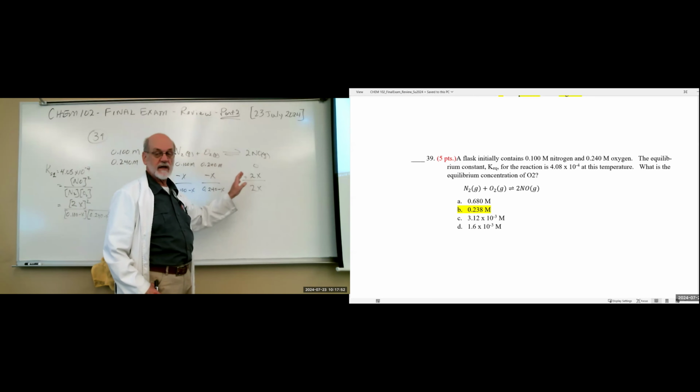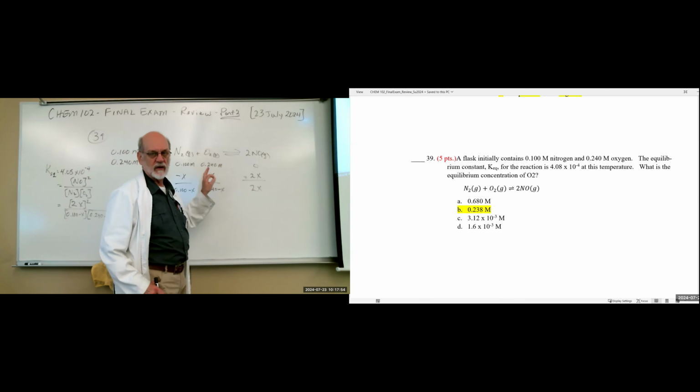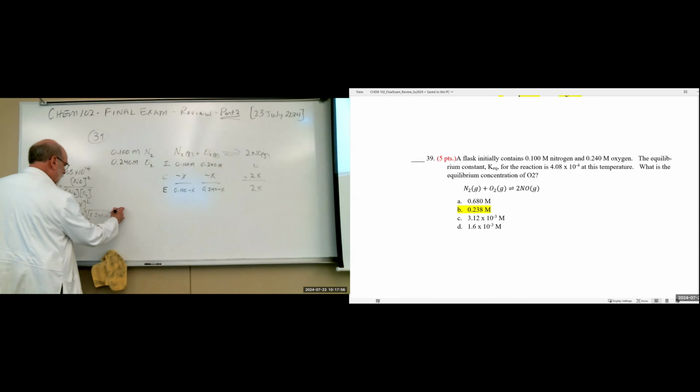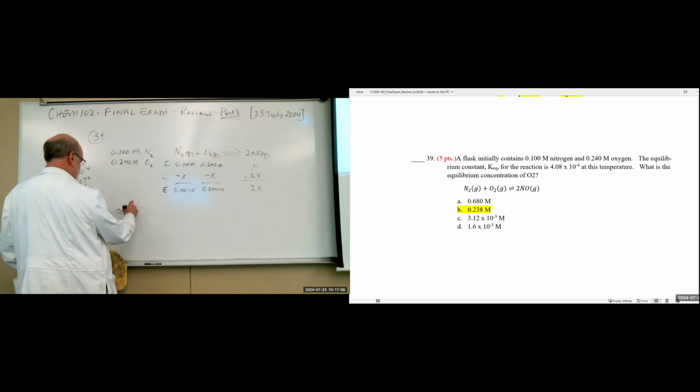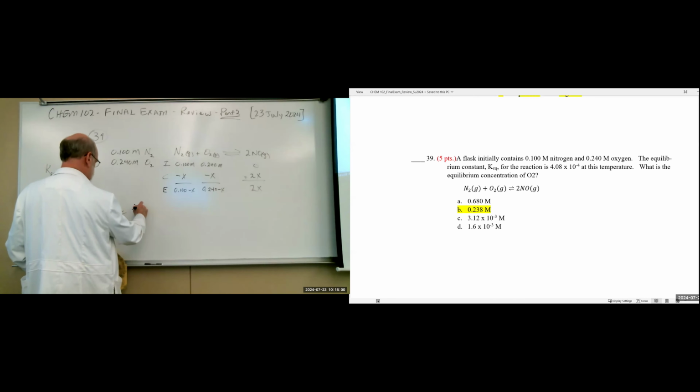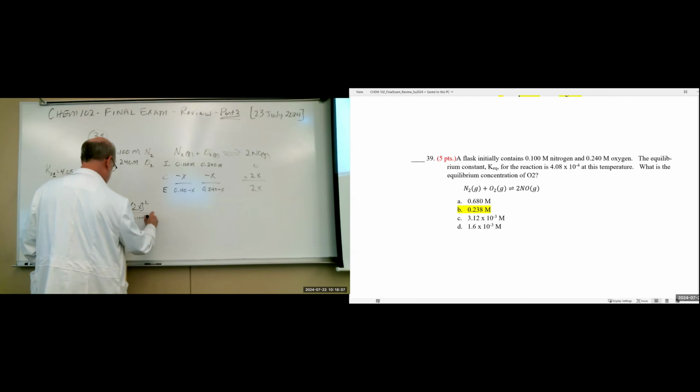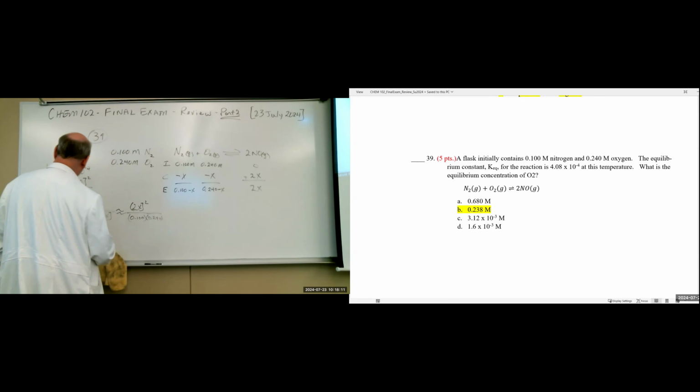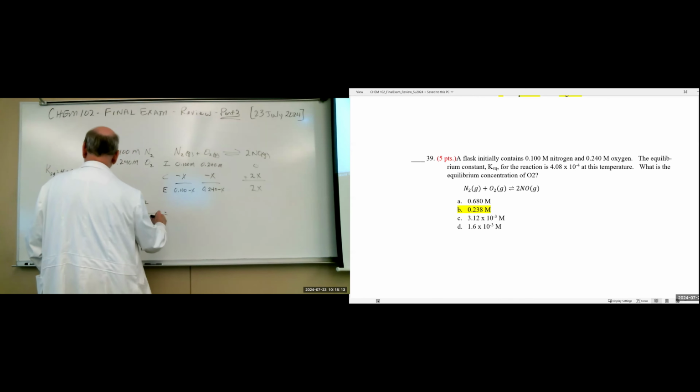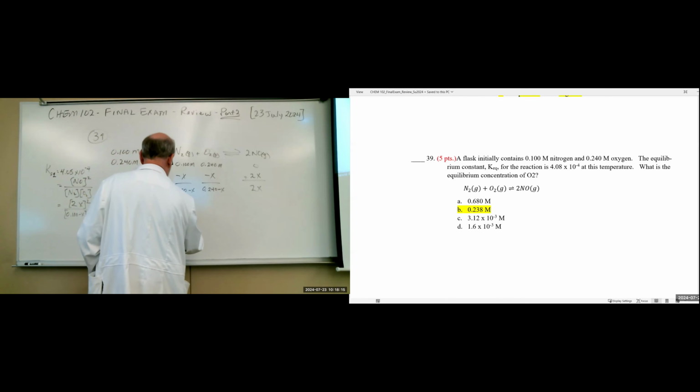It's going to move that way, just incrementally. So we can approximate this expression by 2X squared over 0.1 times 0.24, and that's equal to 4.08 times 10 to the minus 4.